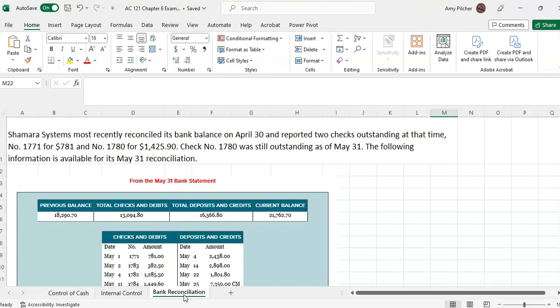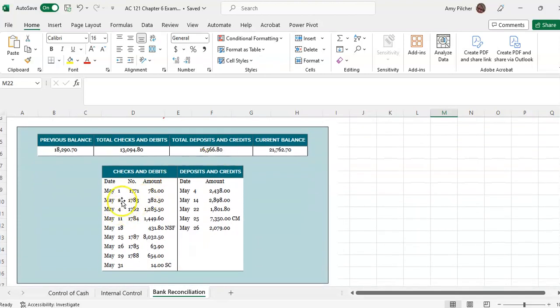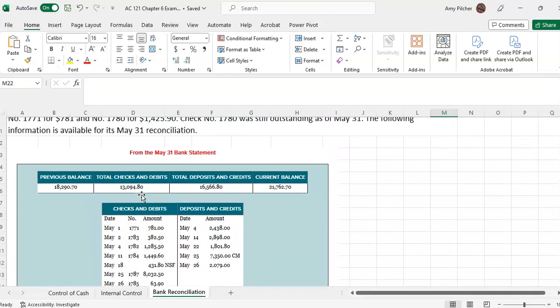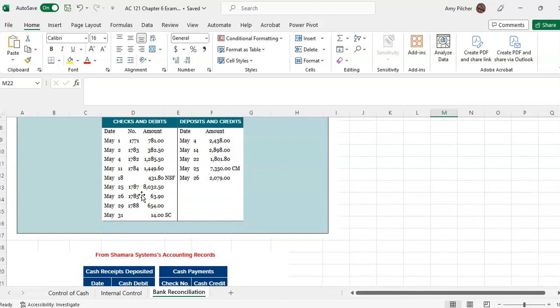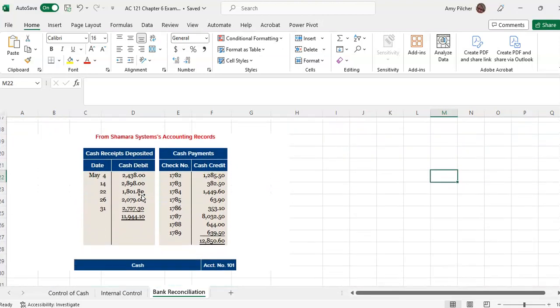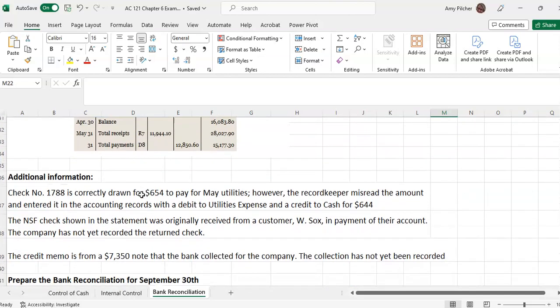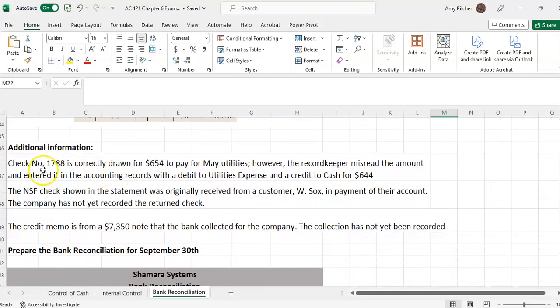So we have information about this bank reconciliation here. We have that on April 30th, we had two outstanding checks, 1771 and 1780. Now only one of those is outstanding. You can see down here that 1771 was recorded in our bank on May 1st. We have also various information from our bank statement here, information from our accounting records, and then we have other information such as check number 1788 is correctly drawn for $654.